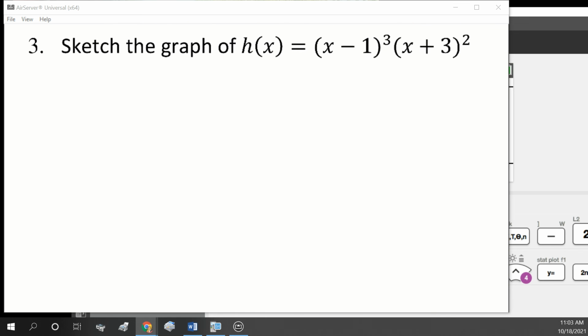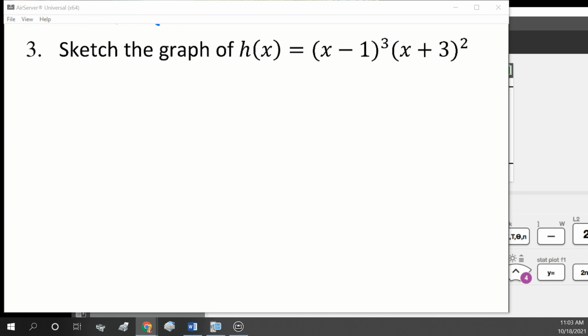Okay. And then this last one, we're going to do a sketch. Even though we're only talking about x and y intercepts, we can get a halfway decent sketch here. All right. So this function has 2 x-intercepts, 1 and negative 3. What is the multiplicity of 1?